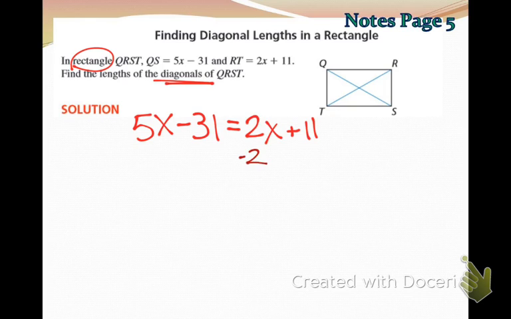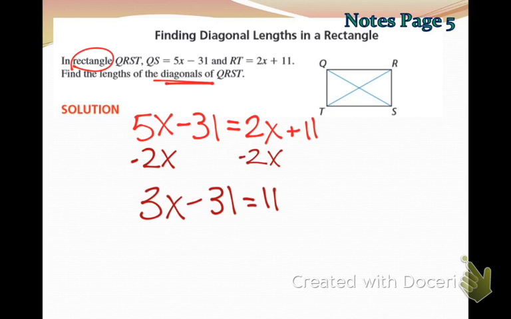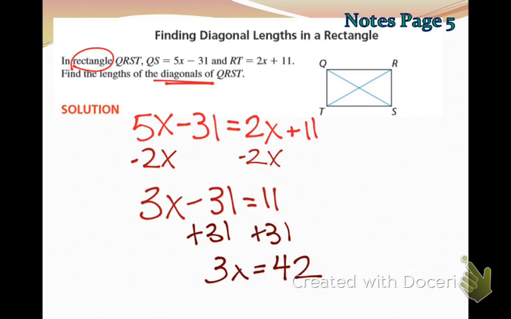I'm going to move my smaller x. What do I do next? Add 31. 11 plus 31 is 42. Divide by 3 and x equals 14. Is this what it asked me to find? No, I need to find the lengths.